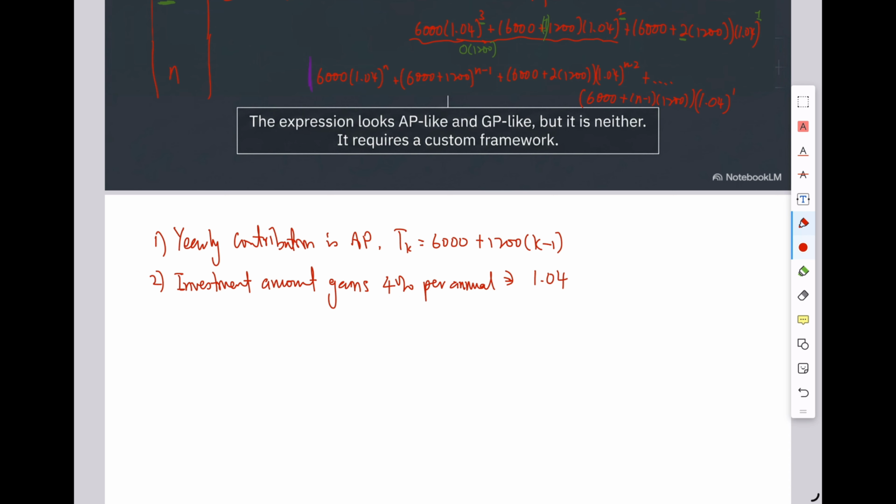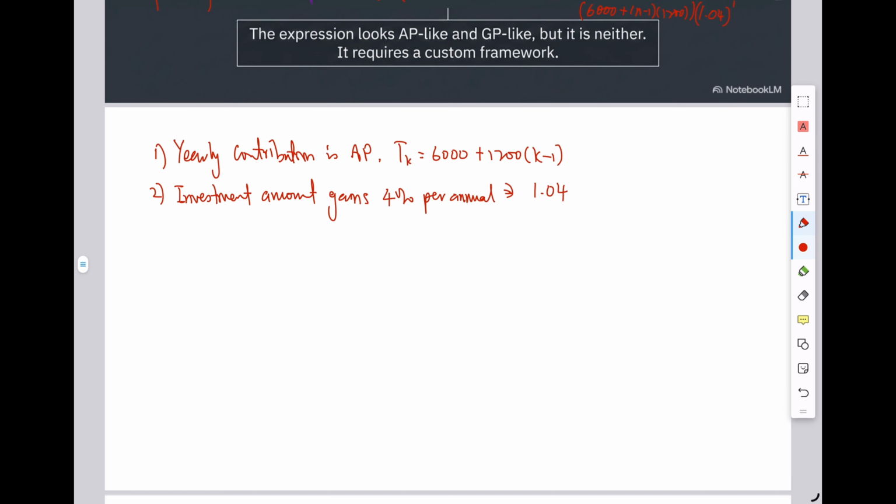So because I have already explained, in order to find the sum of the first n terms, I need to know how many years I actually had invested, so that I know how many years each of my yearly contributions with its regular investment earns the interest, right?